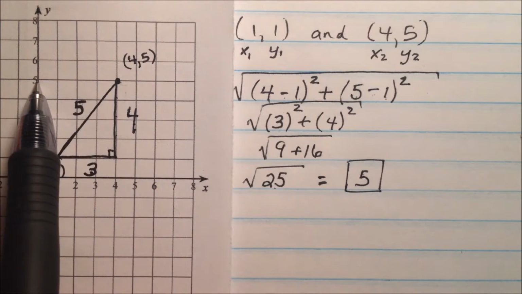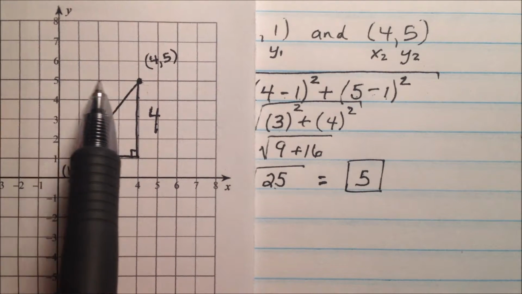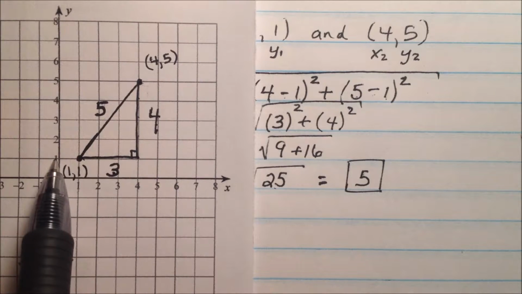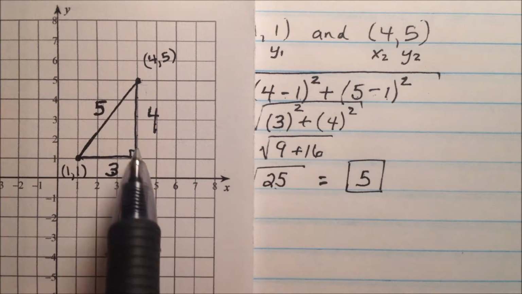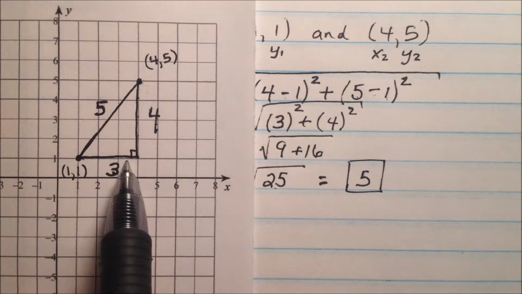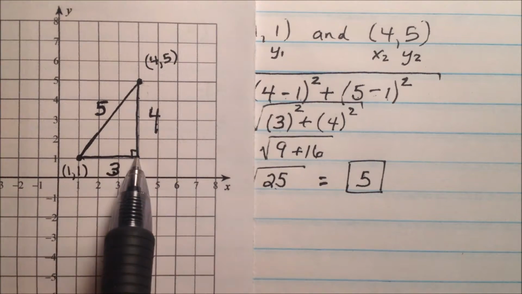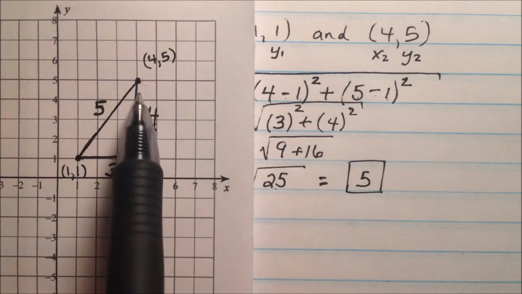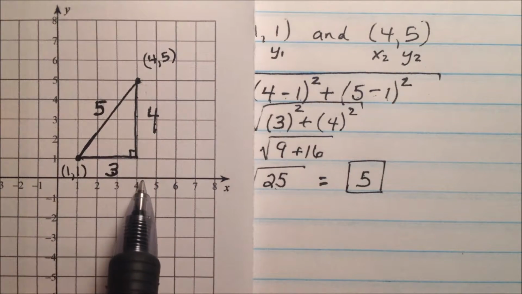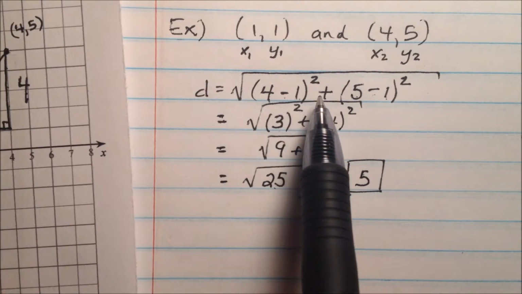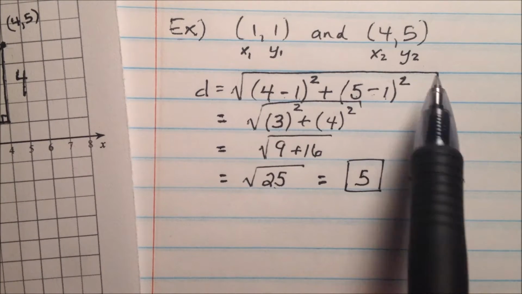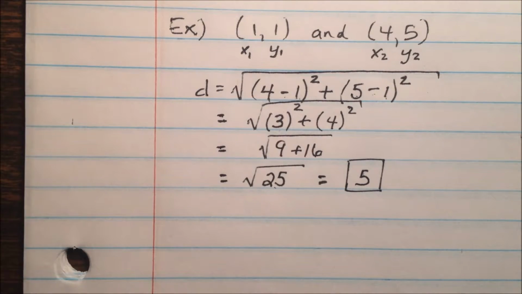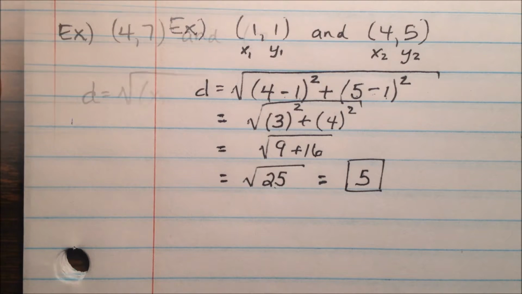So up here at 5, 5 minus 1 is 4 units. So my formula actually is doing the counting or the subtracting for me to find the side lengths of these right triangles. And once I have the side lengths of these right triangles, I can square each of them. So this squared plus this squared, and then take the square root to find that hypotenuse. So that's how my distance formula is going to work.